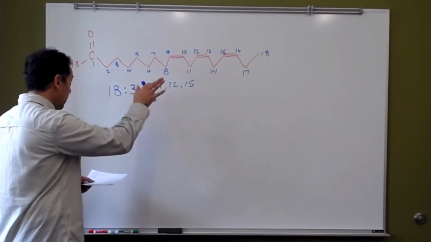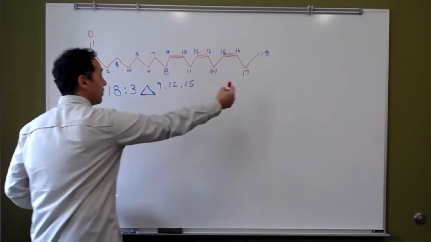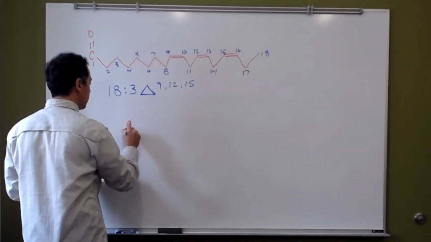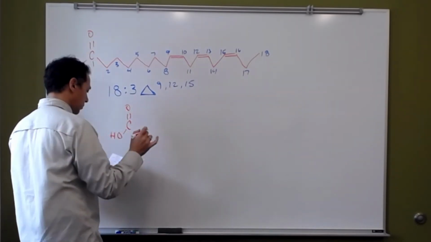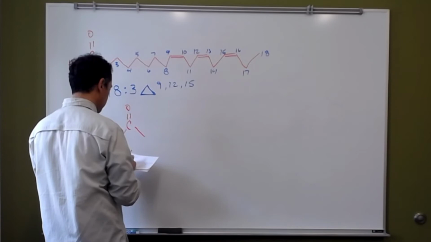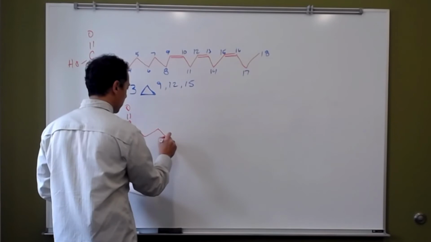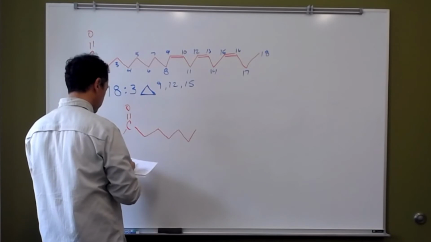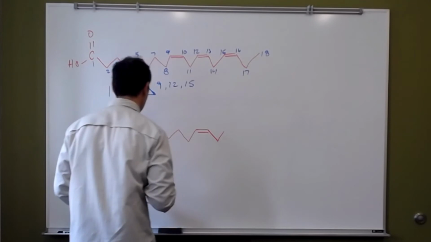Now, I'm going to give you another example of two other fatty acids using a different way of looking at them, and that's counting from the other end. So here I'll do carbon, double bond oxygen, OH like this, and then 1, 2, 3, 4, 5, 6, 7, 8, 9, 10, like this, okay?